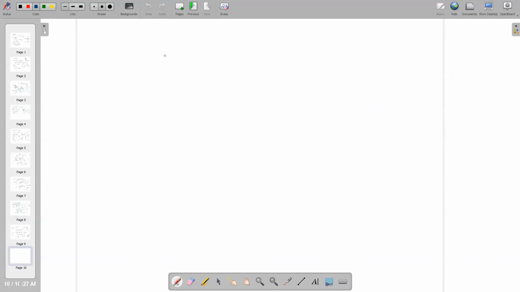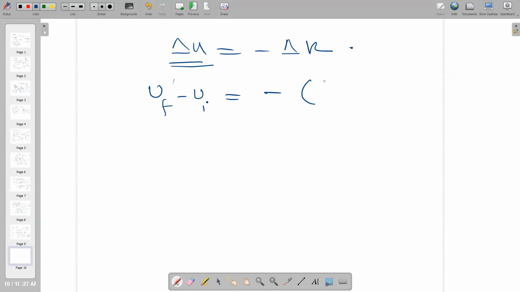Here you can see that the work done is also equal to delta K. So delta U is equal to minus delta K. You can write it like this because this is work done. So delta U means what? UF minus UI, final minus initial. Delta K is KF minus KI, final minus initial kinetic energy, the change in kinetic energy.